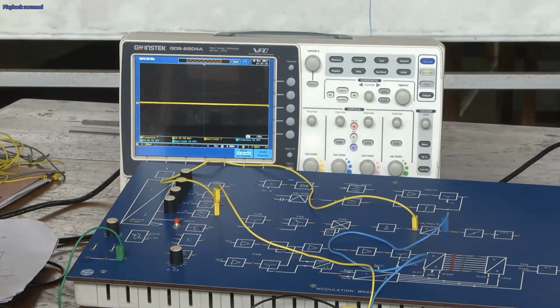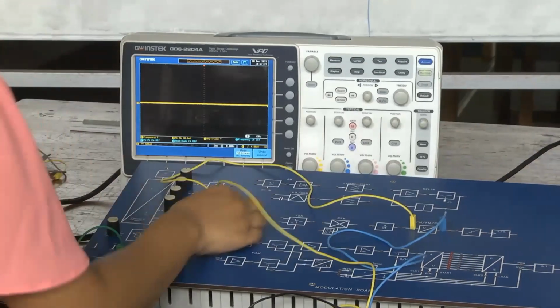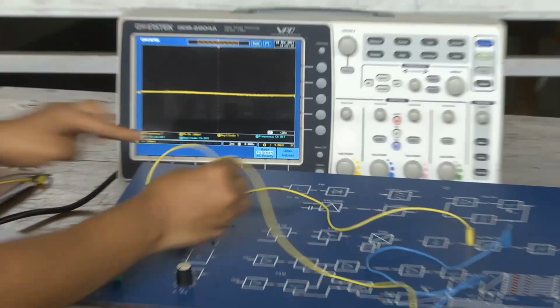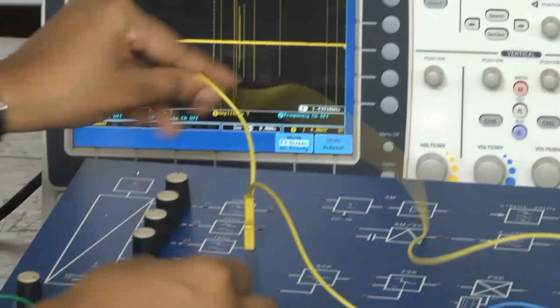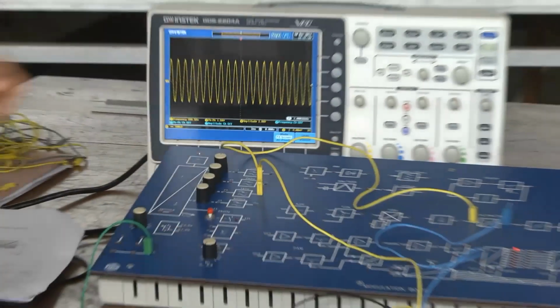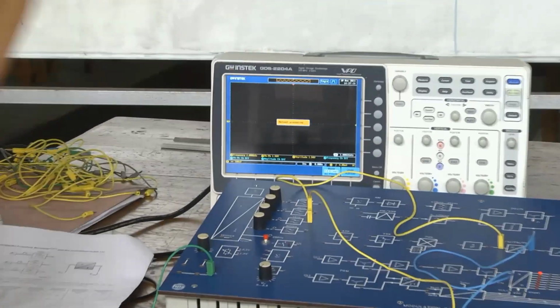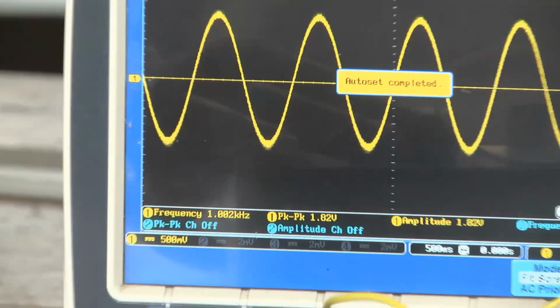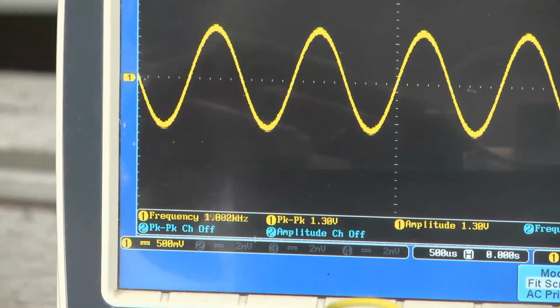Okay, now I connect the input to the 1 kilohertz signal, and we have to make the amplitude 0.25.